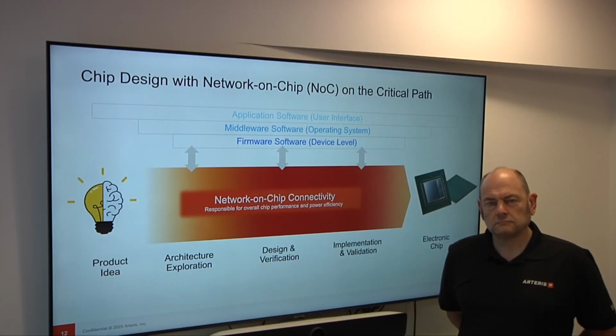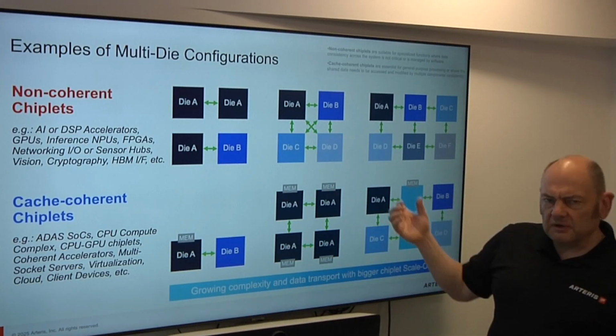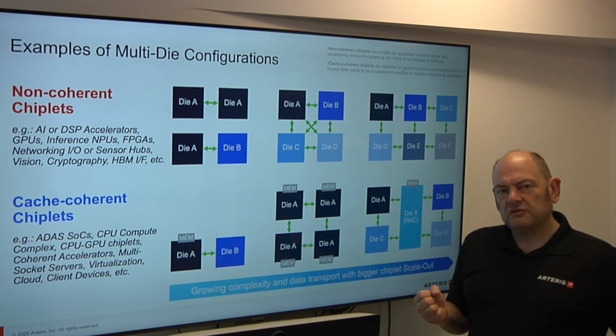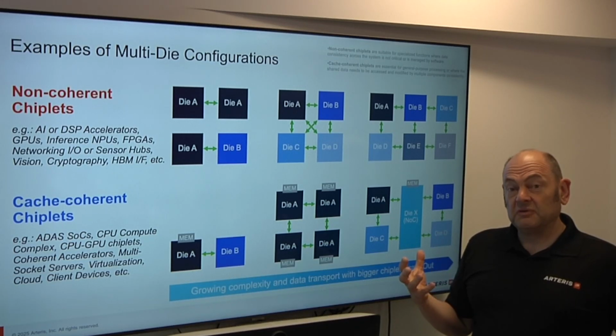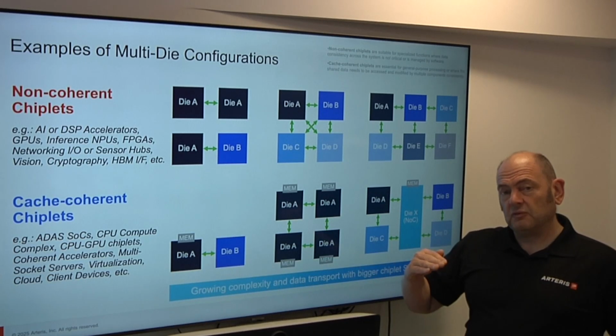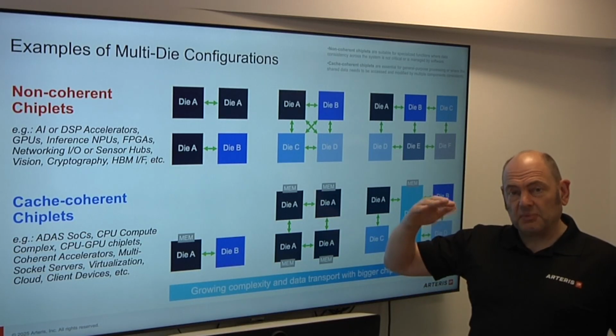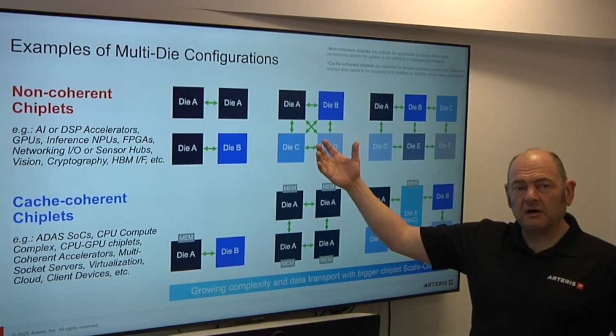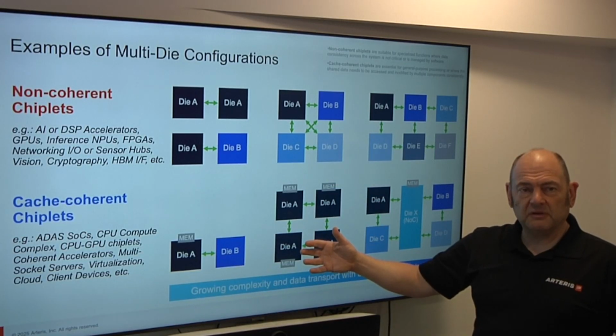What's the value here in terms of coherent versus non-coherent types of designs? Let me show you. So these are examples of multi-die configurations. If we go back to the previous diagram for a second in terms of that image, the NoC is still the critical path. But what we've done here, we've actually scaled up and scaled out the designs, and we have non-coherent paths and we have coherent paths in the chiplets.